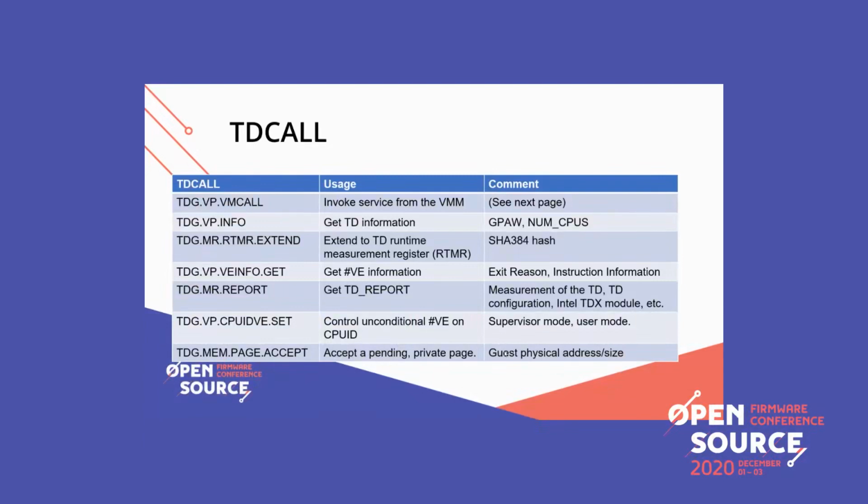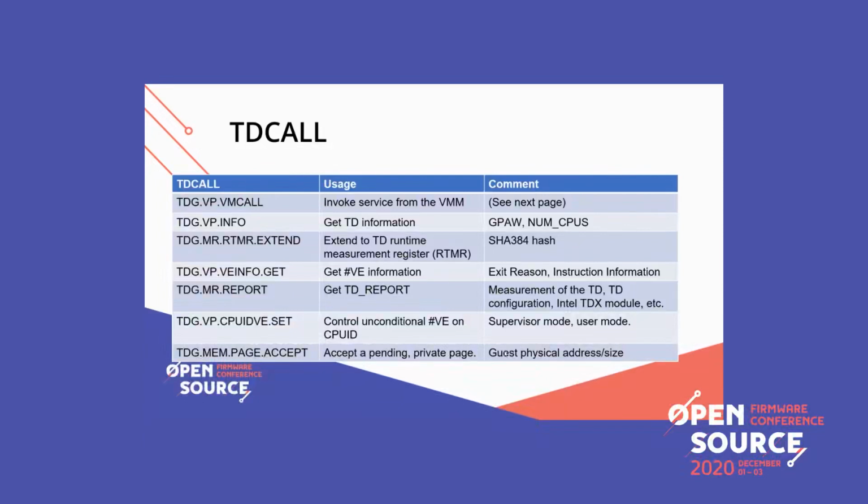TDCALL VE.INFO.GET is to get the virtual exception information. It will return the exit reason and the instruction information. TDCALL MR.REPORT is to return the TD report.